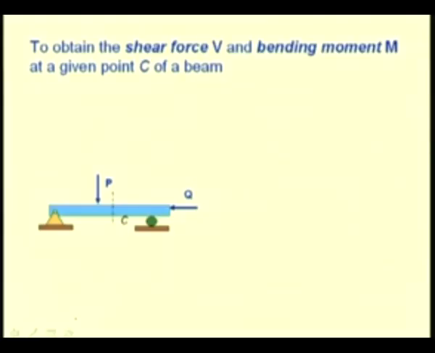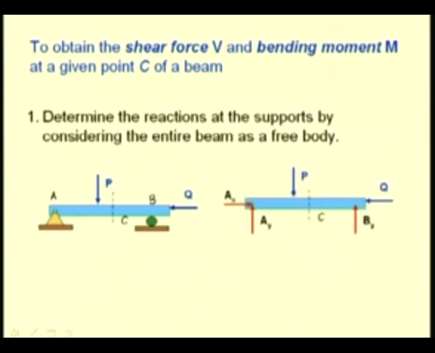Here you see a beam which is pinned at say A and has a roller support at B, and we are interested to find the shear force and bending moment at a section say C. We have some applied loads P and Q. First we determine the external reactions: at B we have the vertical reaction By, and at A, since it is pinned, we have Ax and Ay.